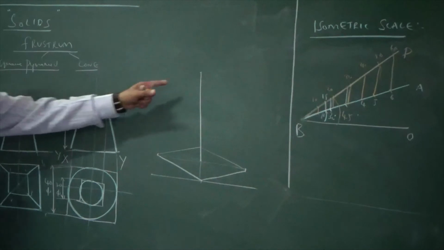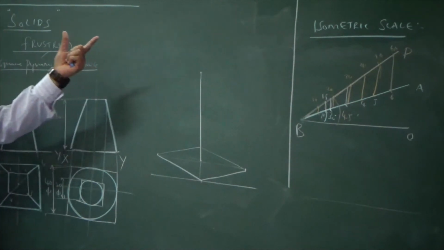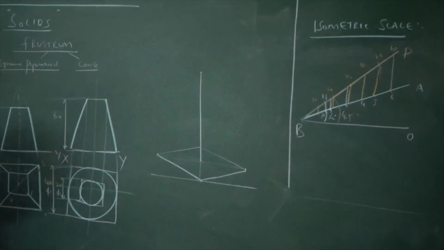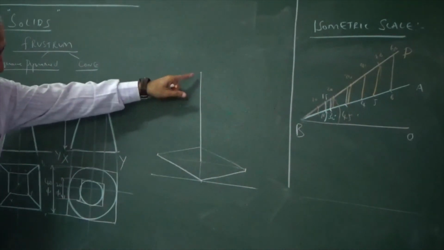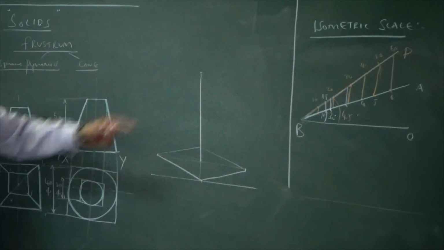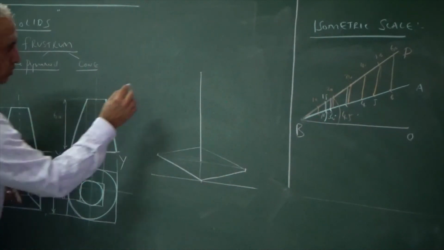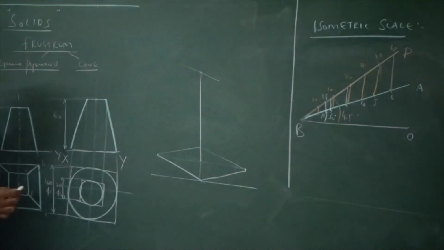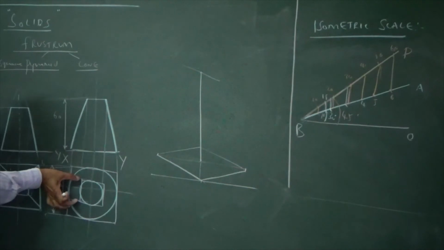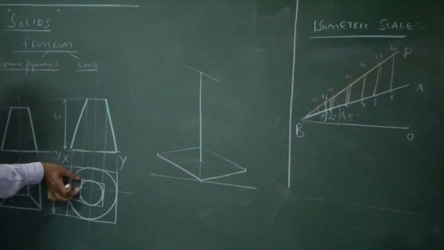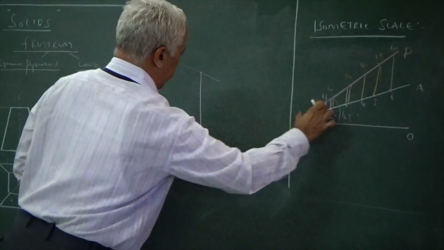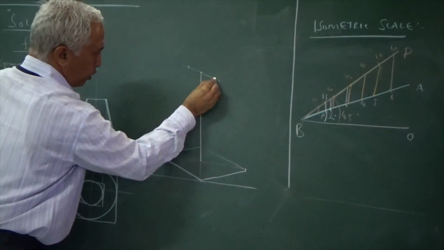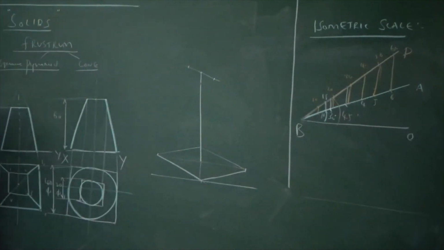Similar to the square pyramid frustum, I have to draw the frustum of a cone. To draw a square at the top with the center as reference, draw a line parallel to this side from the top. Total is 30 mm at the top, half is 15 mm. So get ISO of 15; from the center, cut ISO 15 on either side.